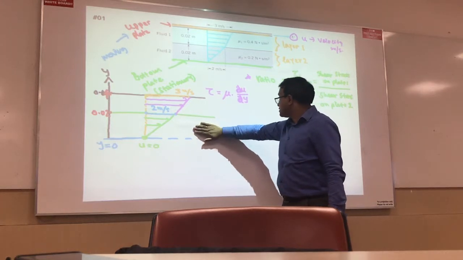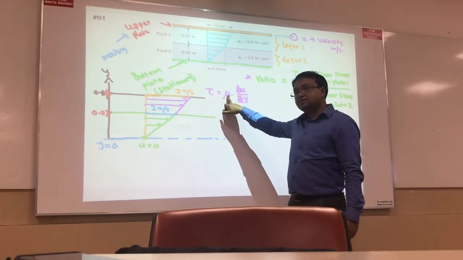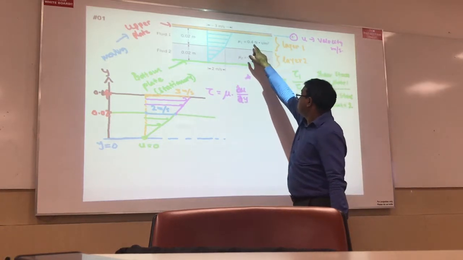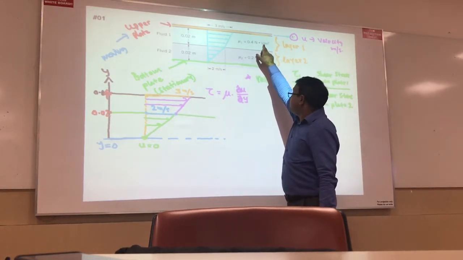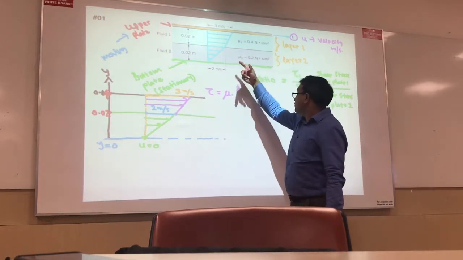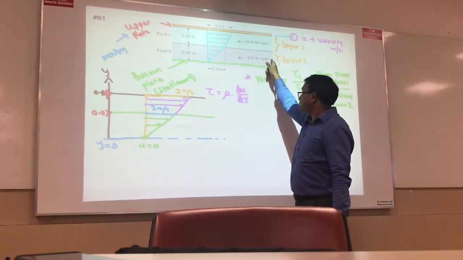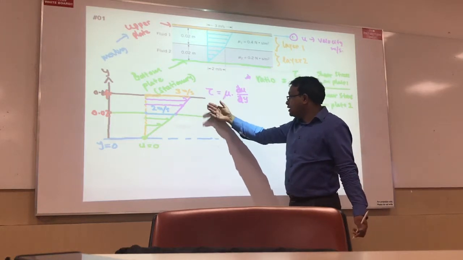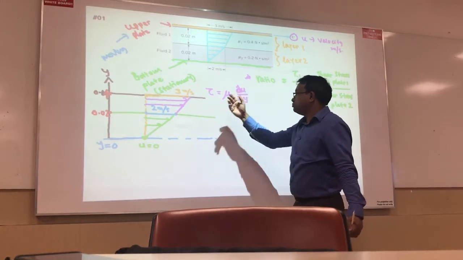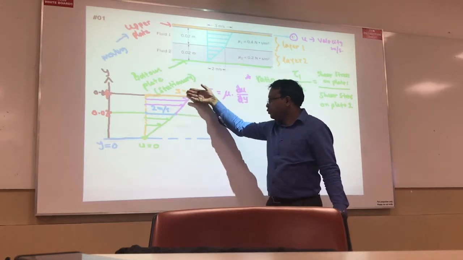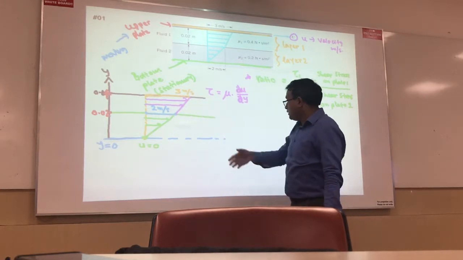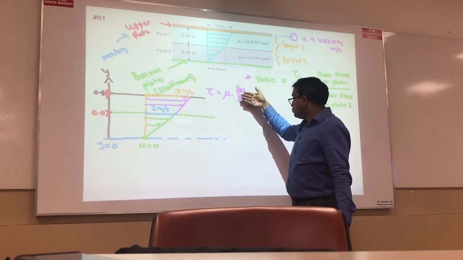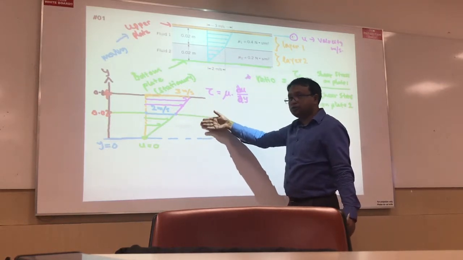So what is the shear stress equation? Mu is the viscosity. So at that point the viscosity is given as 0.4 Newton second per meter square. Layer 2, the viscosity is given as 0.2 Newton second per meter square. It's very simple. Tau 1 is mu 1 du by dy in layer 1, right? And layer 2, tau 2 is mu 2 times du by dy at layer number 2.